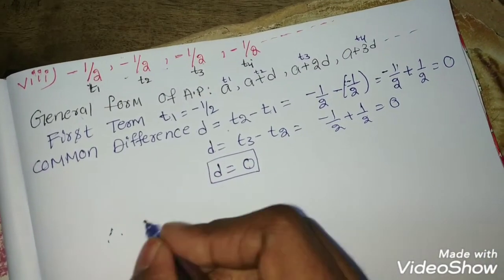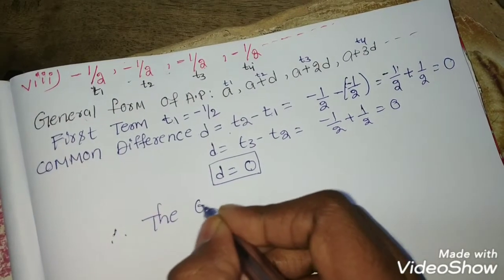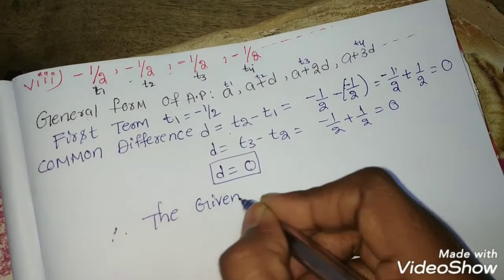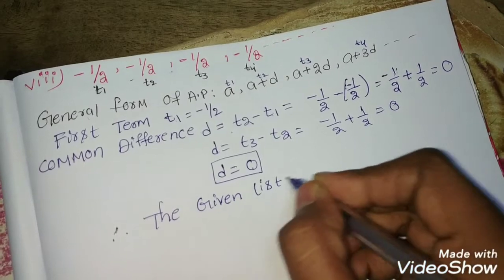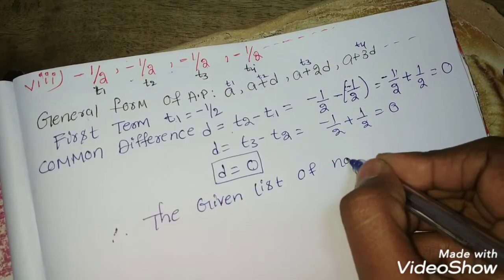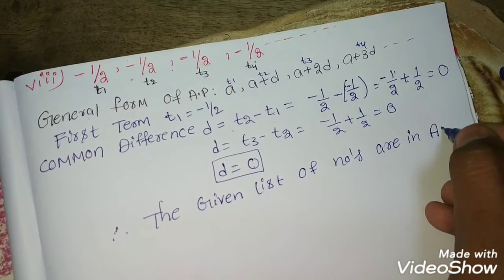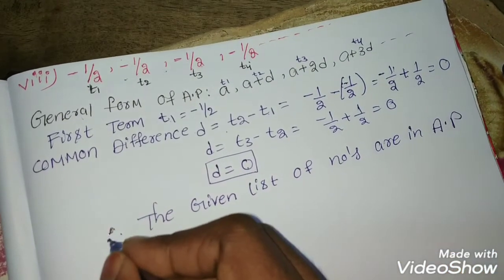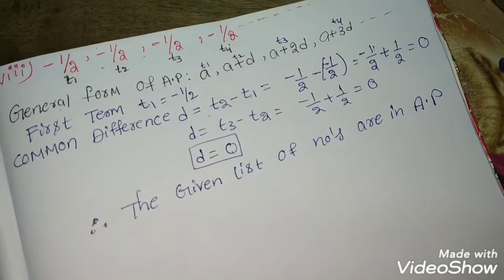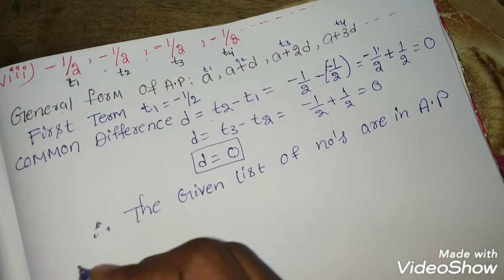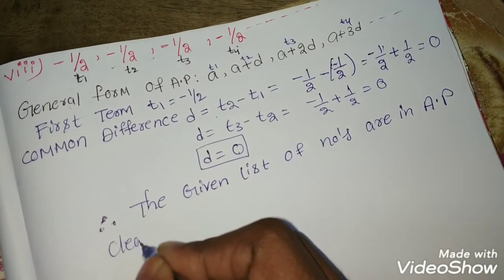Therefore, the given list of numbers are in AP, arithmetic progression. Okay. Next, what we have to find out? We have to find next 3 terms. Clearly, just write like this.